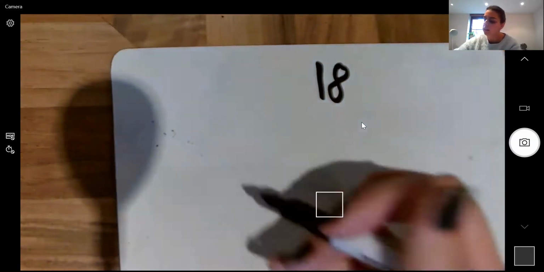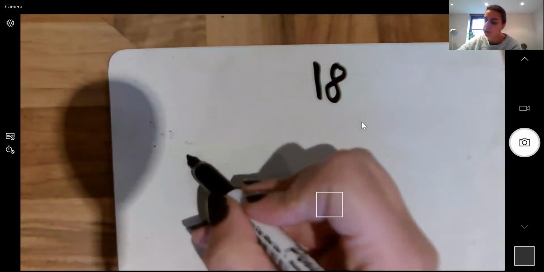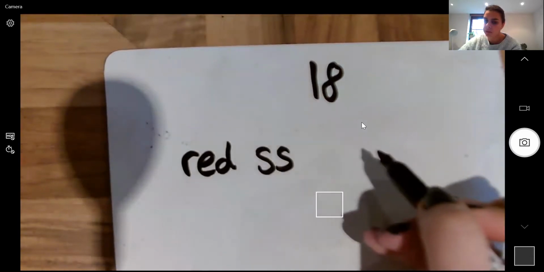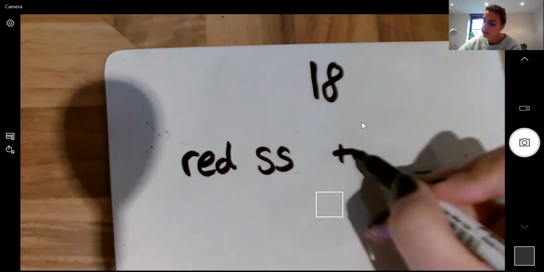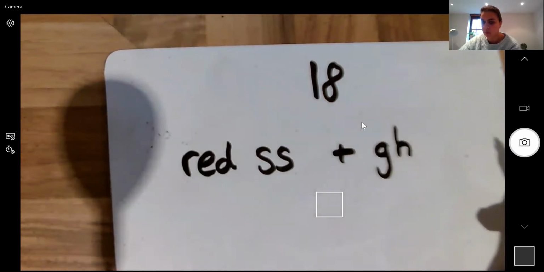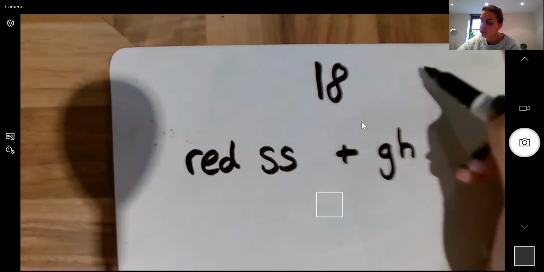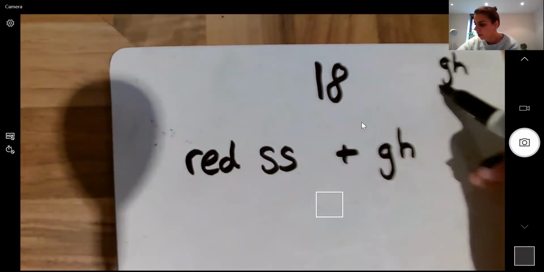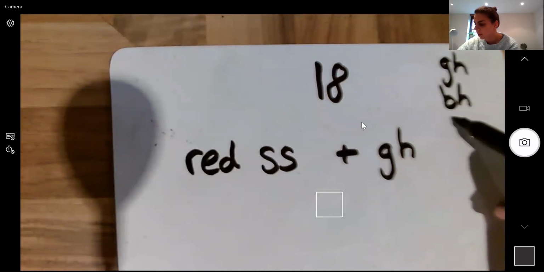So I'm going to say he's going to have a red space suit and a green helmet. That's one option. So I'm going to choose my options up here. I'm going to choose to do a green helmet, a blue helmet, and a yellow helmet.